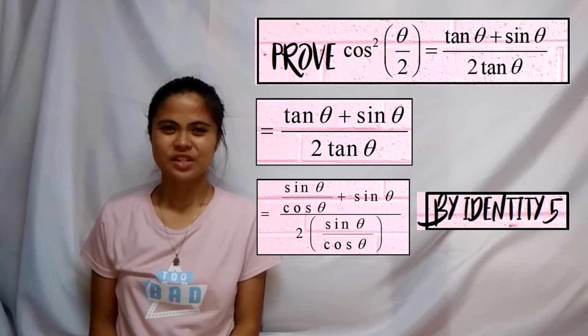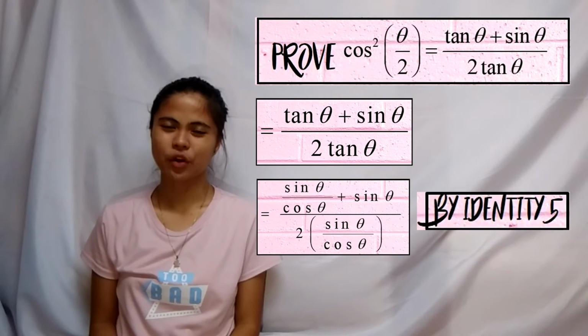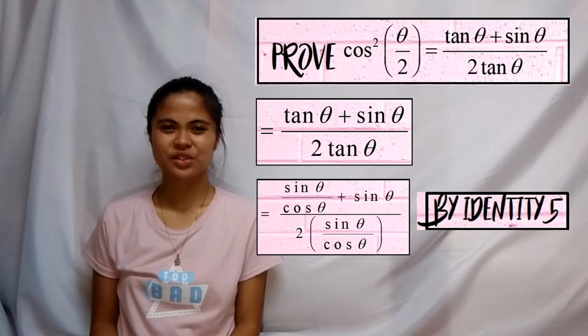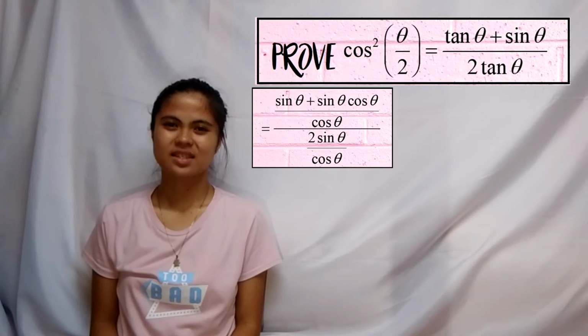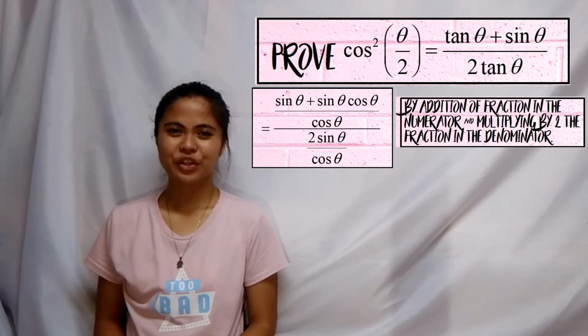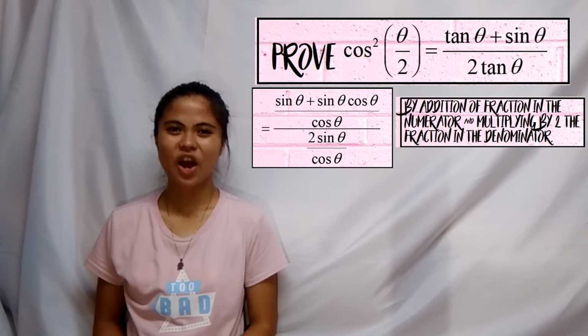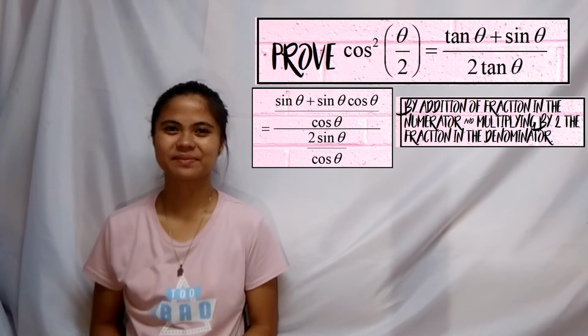Our next step is to add the fraction in the numerator. Sine theta over cosine theta plus sine theta is equal to sine theta plus sine theta cosine theta over cosine theta. And for the denominator, we have to multiply 2 with sine theta over cosine theta.